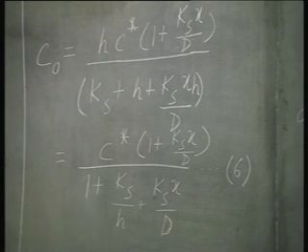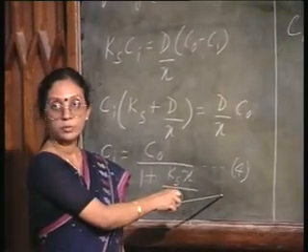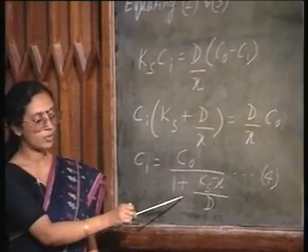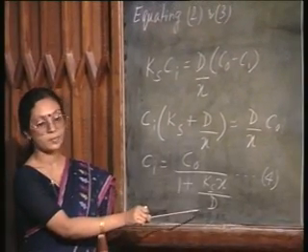Now, if you look at equation number 4, here you find that Ci is given as C naught by 1 plus Ks x by d.